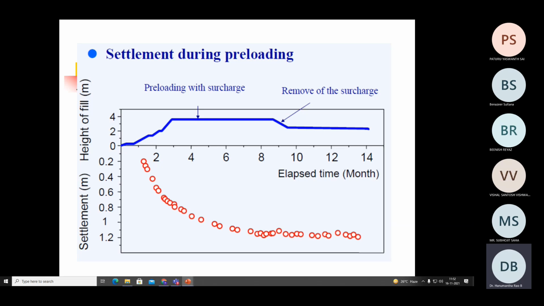So it should be merged with the total deformation when there was the maximum surcharge load. This is one criterion commonly used to assess the surcharge period and the amount of the surcharge load, and to terminate the entire project.